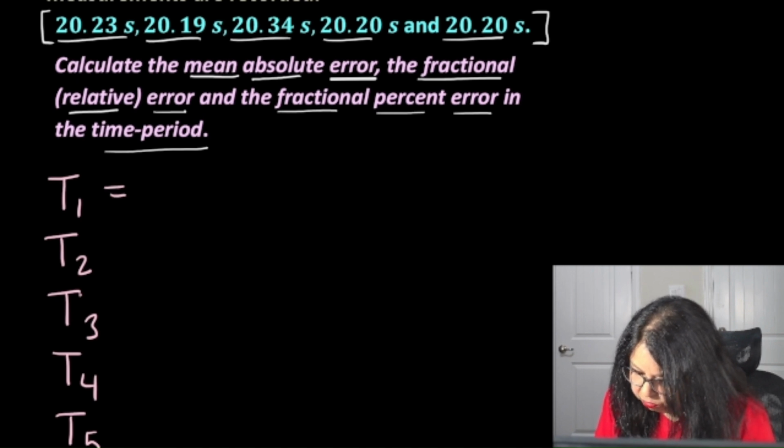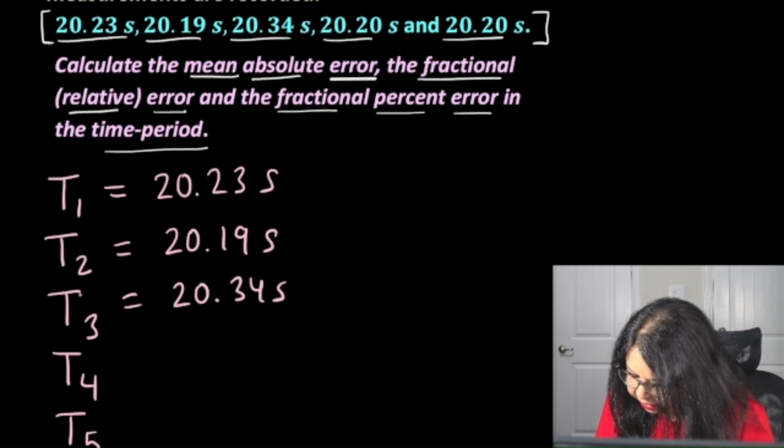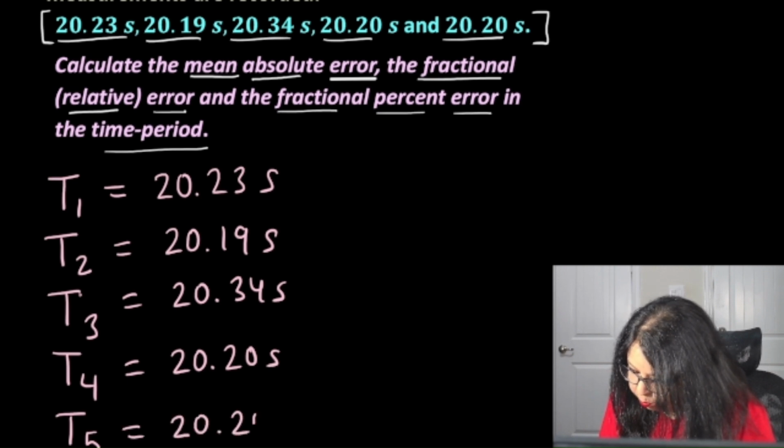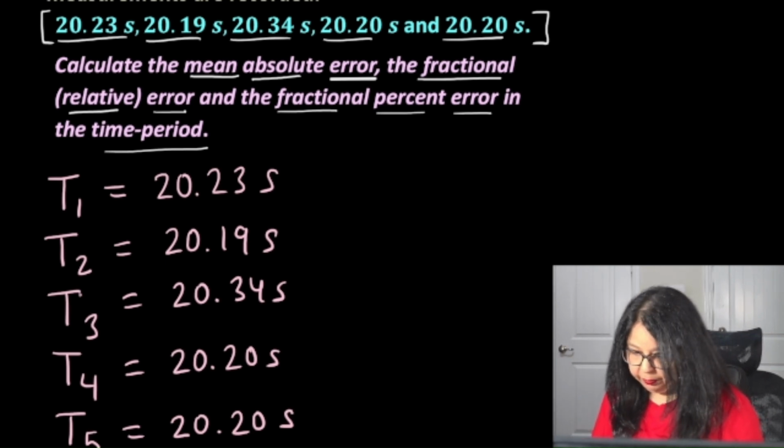I have a tendency to write larger than most people do. T3 is 20.34 seconds, T4 is 20.20 seconds, and T5 is again 20.20 seconds. So this is all that we are given.